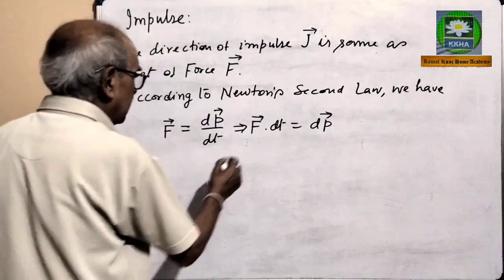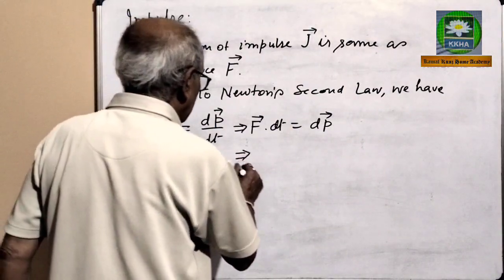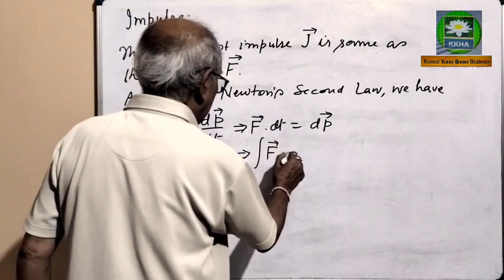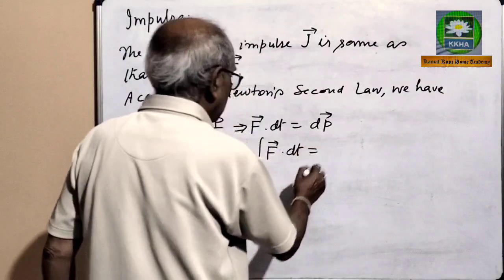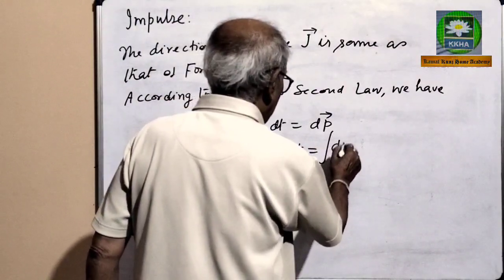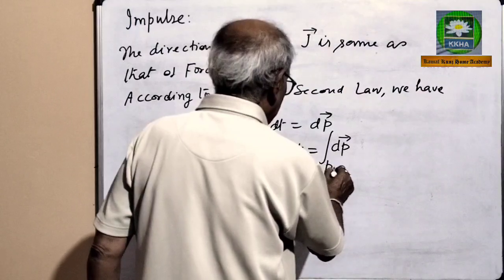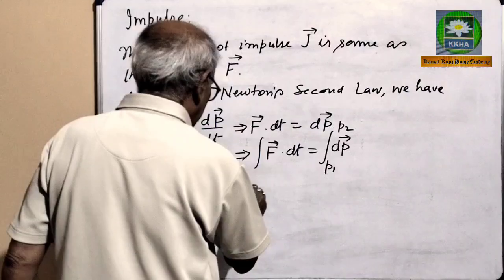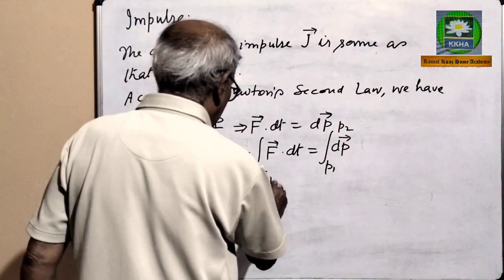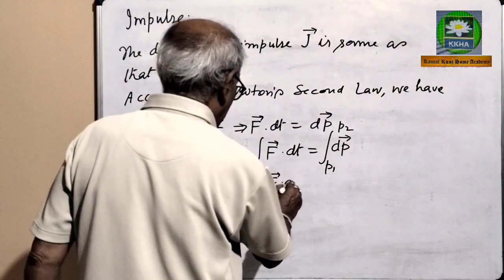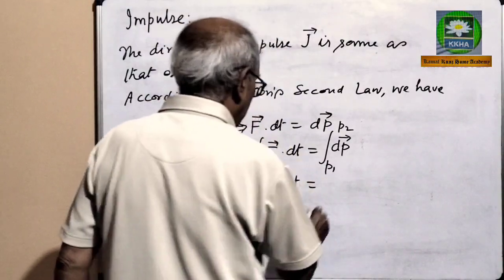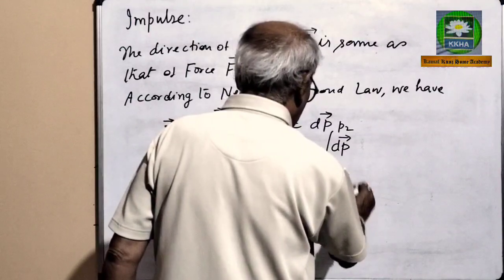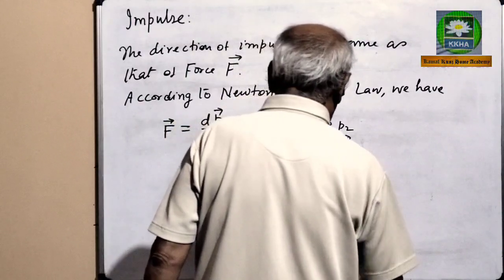Now integrating we get, this implies that the integral of F dt is equal to the integral of dp from P1 to P2.